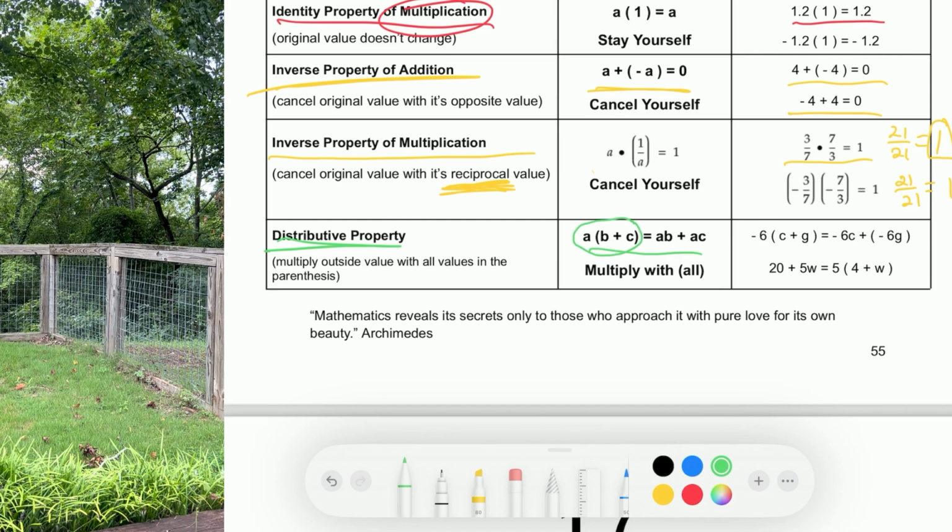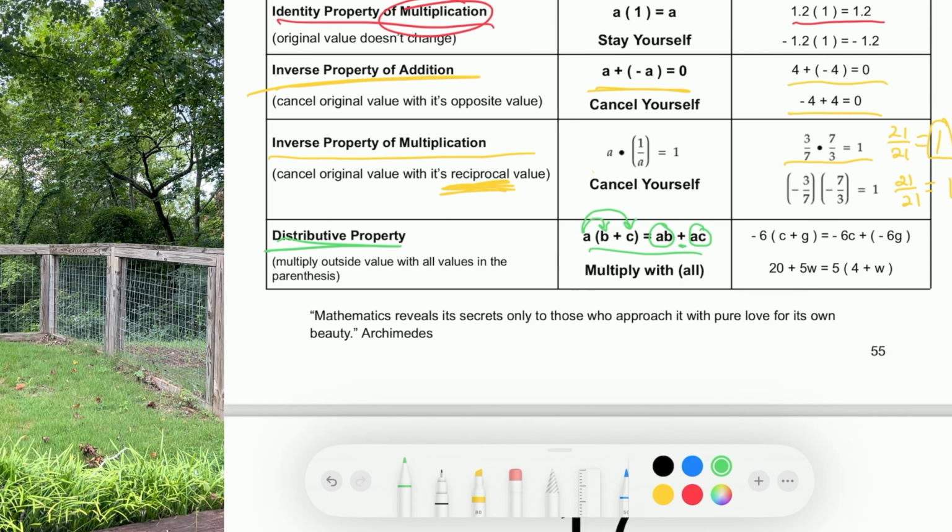So our rule here, you started out with what's on the left-hand side. So what they mean by multiply what's outside with everything that's inside is this. We would say a times b, which gives us ab. Then we would multiply a times c, which would give us ac.